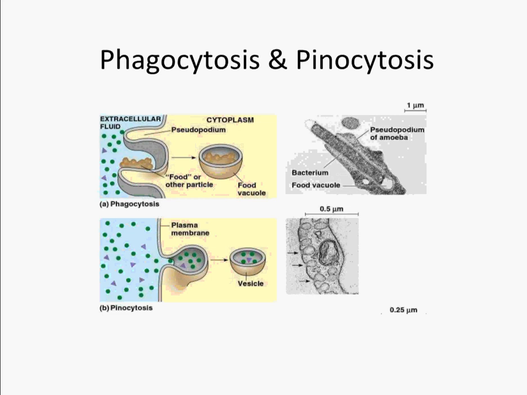Another type of active transport is called endocytosis. Two types of endocytosis, phagocytosis and pinocytosis. Both essentially the same idea.